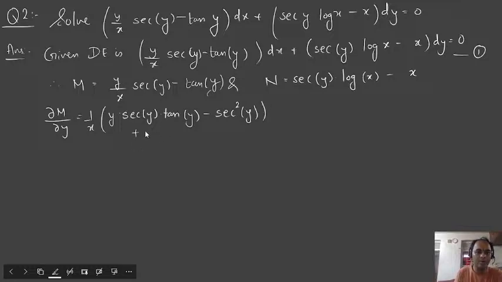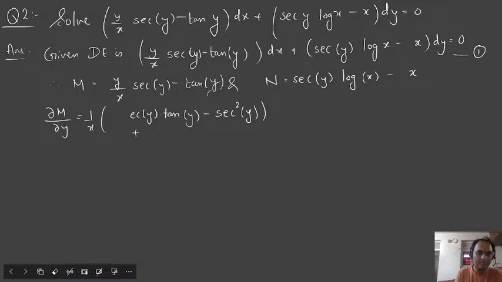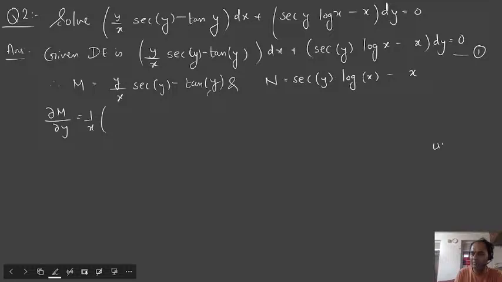And here you will also have the product rule coming into the picture, right? So let me do it again. I'll erase this. When you do the derivative over here with y sec y, the uv rule is applied. In partial derivatives also there is a uv rule, and it follows the same notion, uv dash plus vu dash.